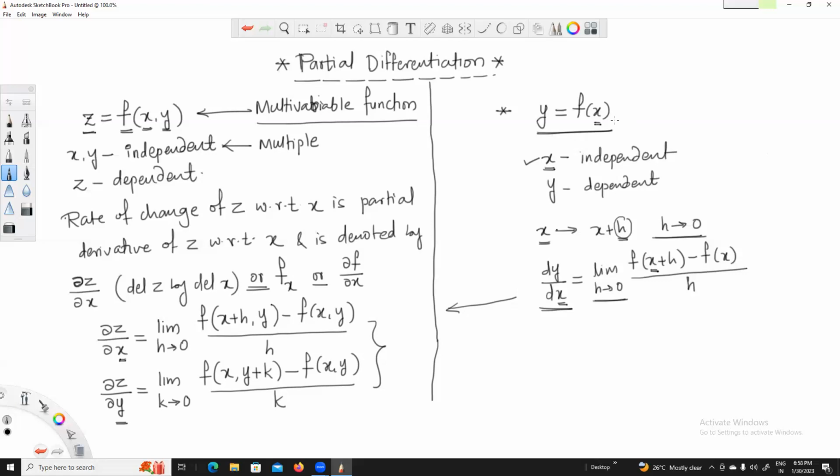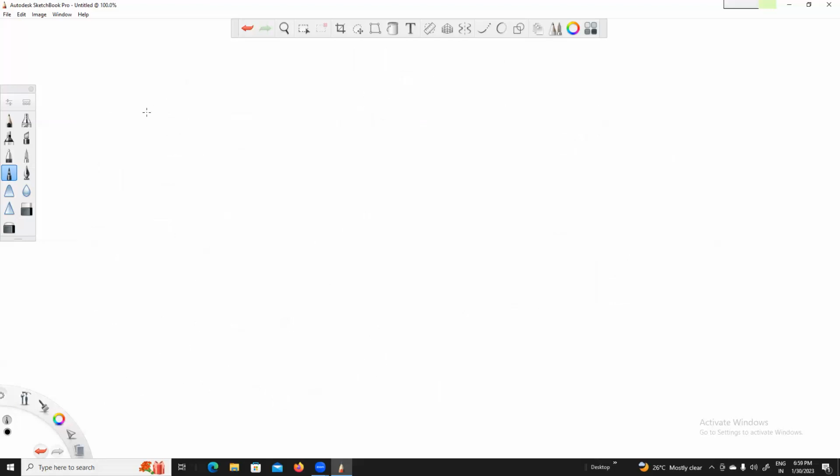And now we are going to use this definition to find the partial derivatives and see through examples how to find those partial derivatives quickly. So again, just to remind, our function form was z as a function of x and y. We have defined del z over del x as the limit h tending to 0 of f of x plus h comma y minus f of x comma y divided by h.